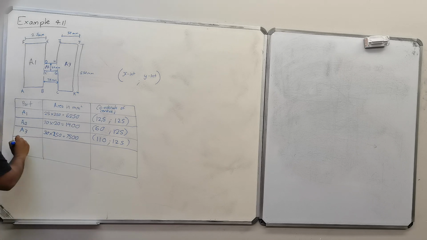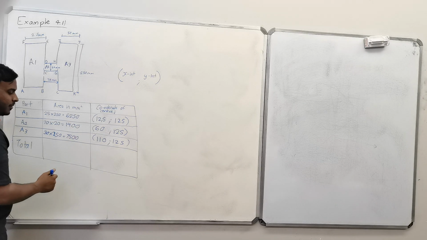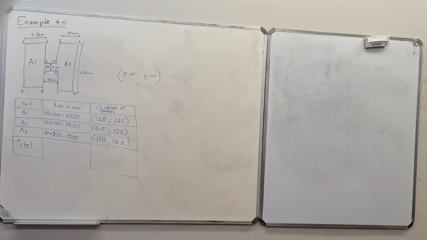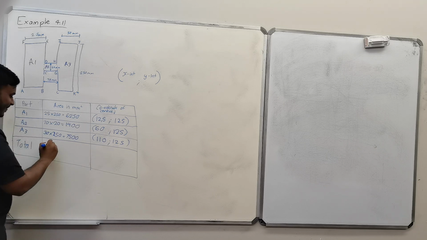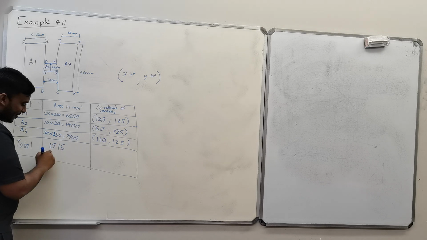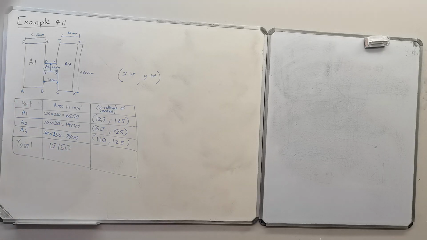So in this table now, what you'll see in the bottom here, you'll see total. If you add these three values up, what do you get? 15,150. So that's the total area, right?